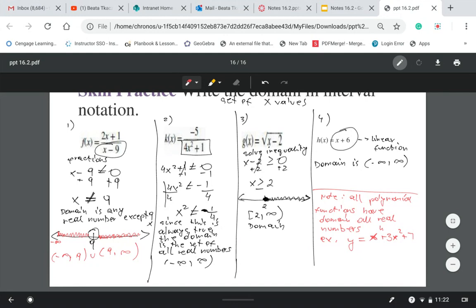We don't have any restrictions. We don't have square roots. We don't have fractions. So when you have nice, easy functions without radicals and without fractions, most of them will have the domain of all real numbers. Okay, so that's it from section 16.2.